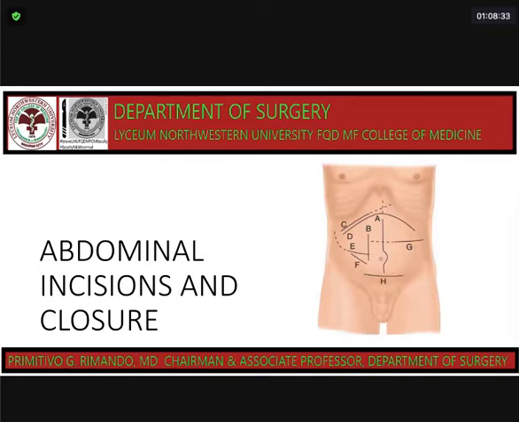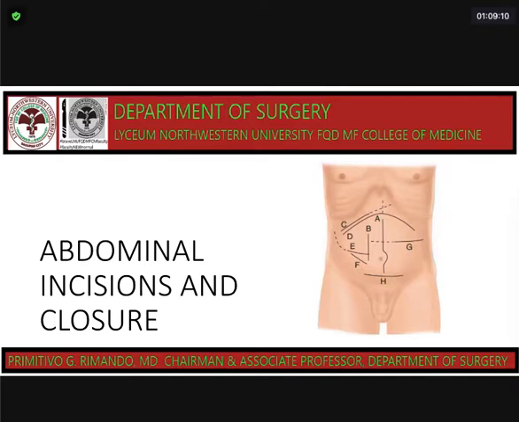Okay, so we now go to the answers to the quiz. The reason why we are discussing the anterior abdominal wall is because this is the meat of general surgery. Probably more than 80% of our procedures are through the abdominal wall.